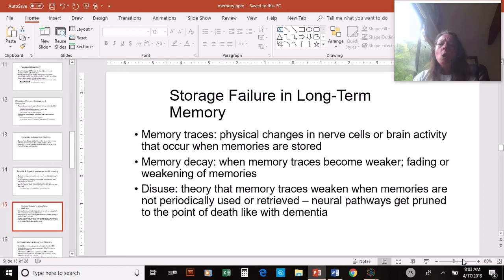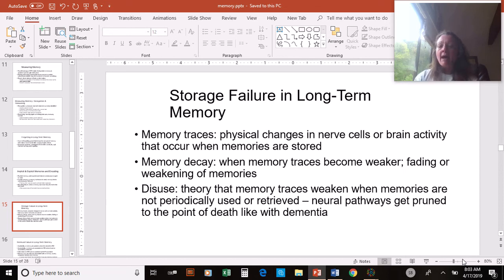And then what happens, the more you don't think about that information, that memory can become weaker. So those traces become weaker until they start to fade. And like I said, if you get a degenerative disease, then you really have that decay, because you get death of those nerve cells, right?